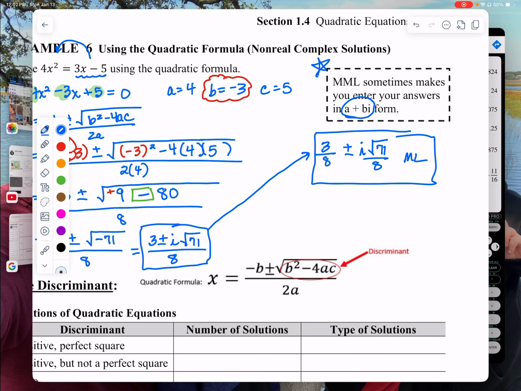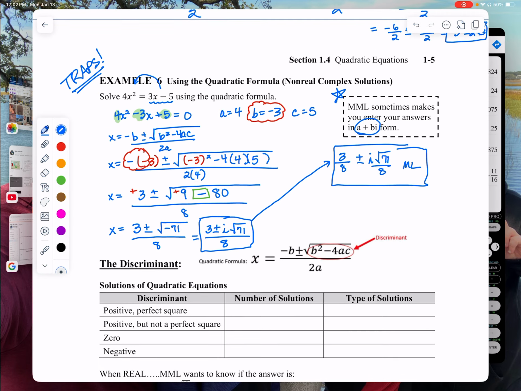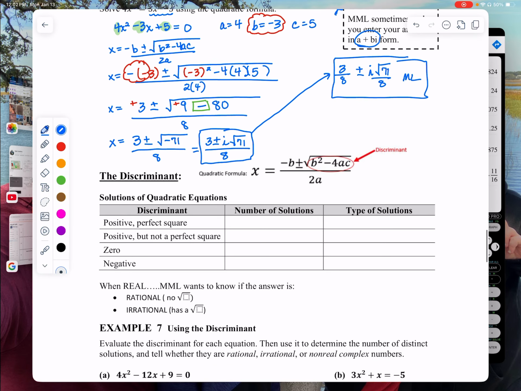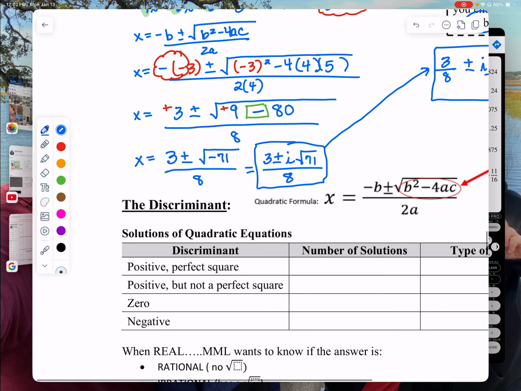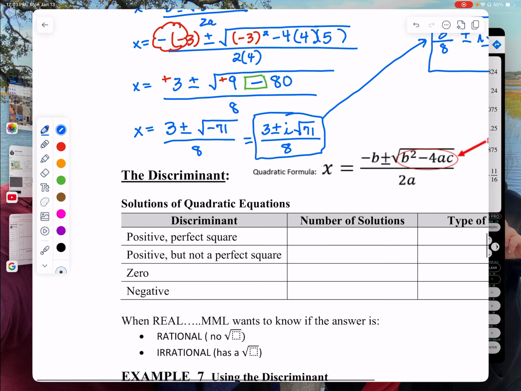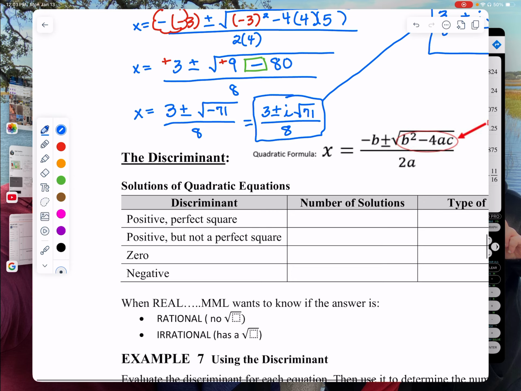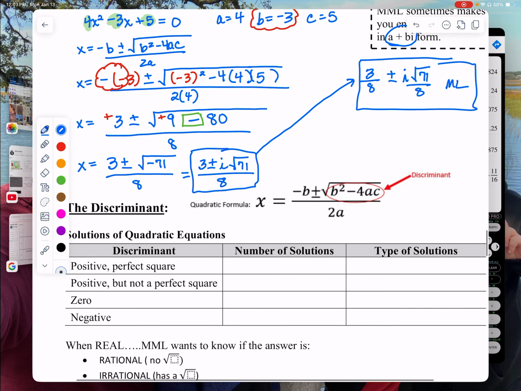So, all right, let's talk a little bit about the discriminant. Math people get so excited about the discriminant. The discriminant is the number that you get underneath the square root. Let's say it was a 0.